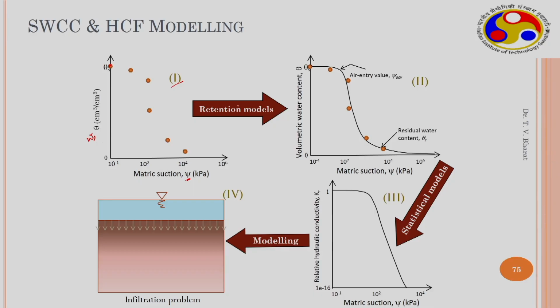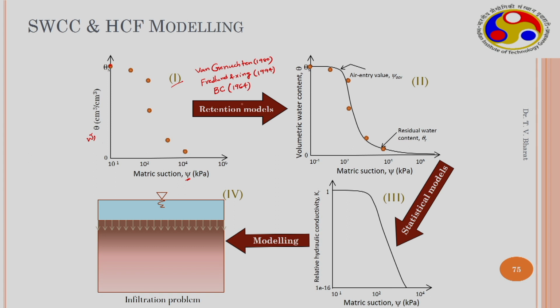We utilize several existing retention models such as the Van Genuchten model of 1980, or the Fredlund and Xing 1994 model, or any other model. You can use Brooks Corey also, the BC model, which is maybe 1964.